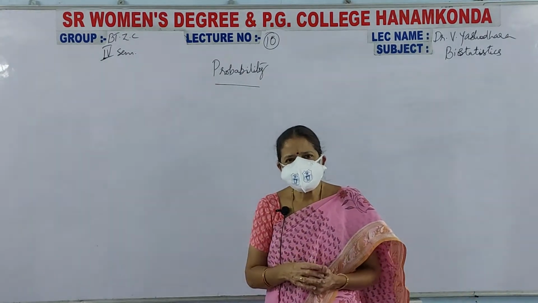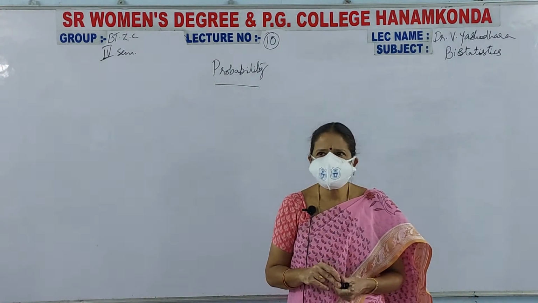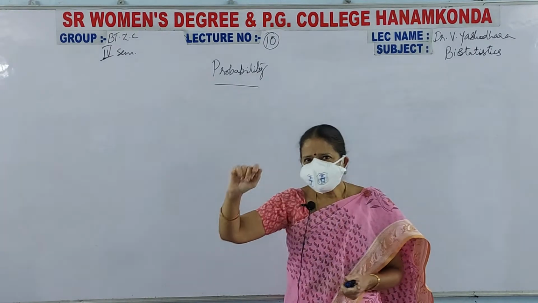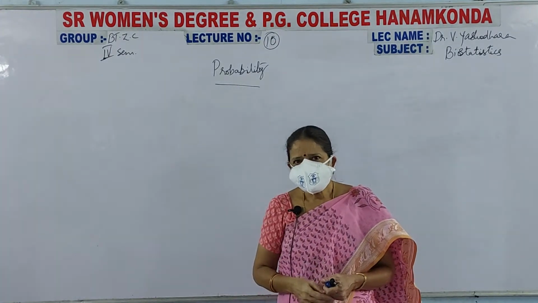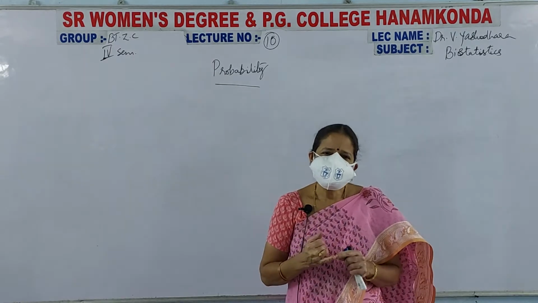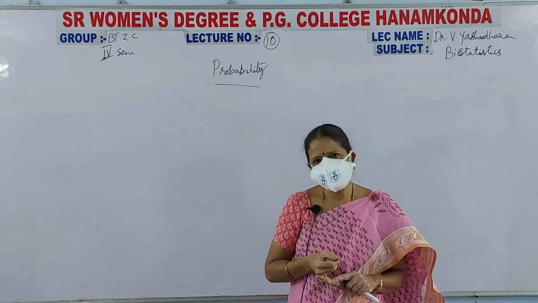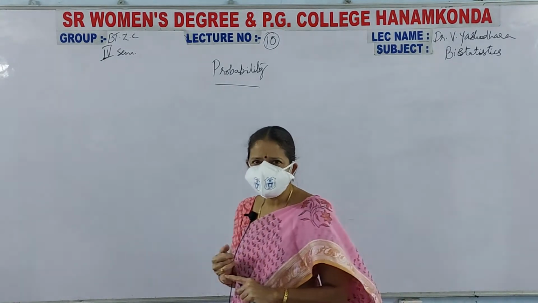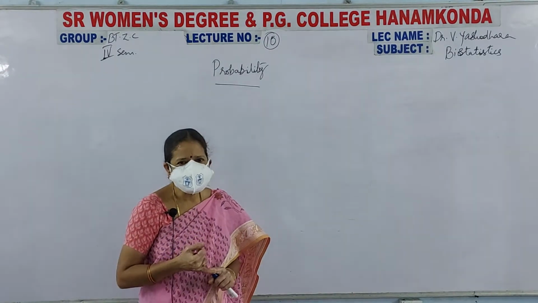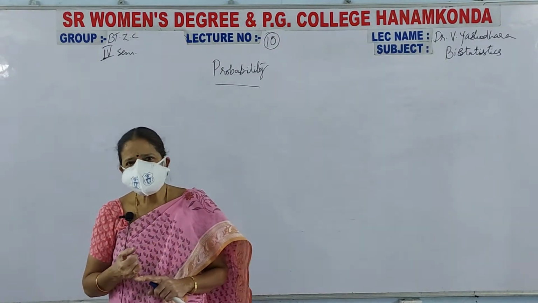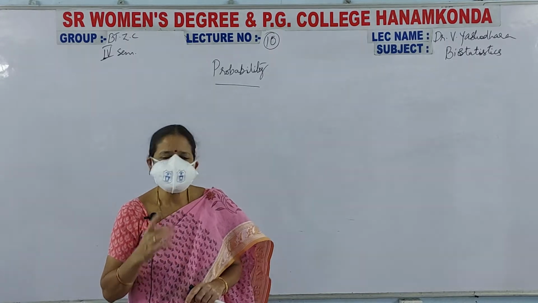Now we have entered into the rules of probability. What are the rules of probability? The rules of probability are the addition rule of probability and the multiplication rule of probability. The addition rule of probability is where only one event is occurring.